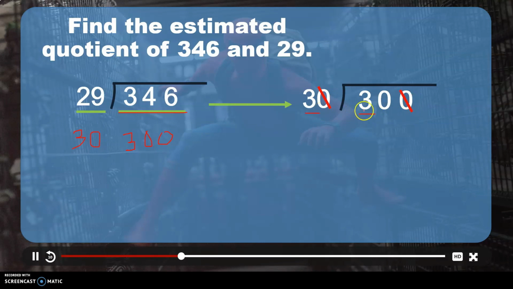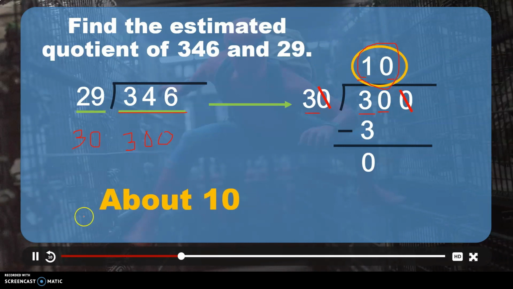Then, let's proceed. 3 divided by 3 is equal to 1. And 1 times 3 is equal to 3. Then subtract. 3 minus 3 is equal to 0. Then copy 0. So, therefore, our answer is 10. And our final answer is about 10. Okay? Next.